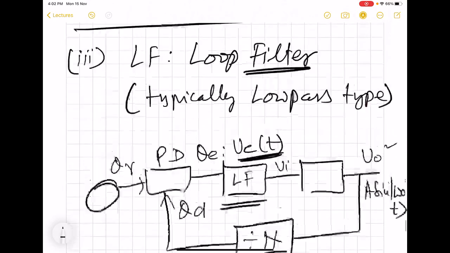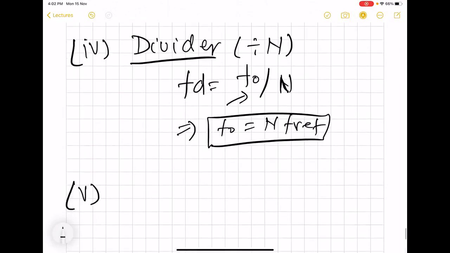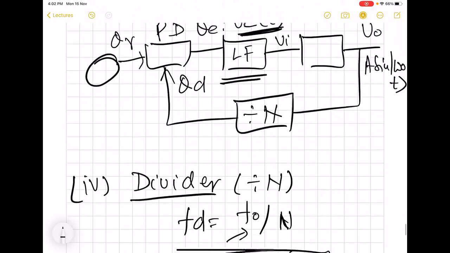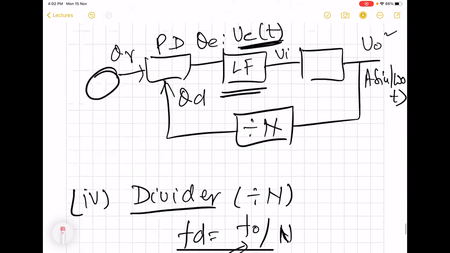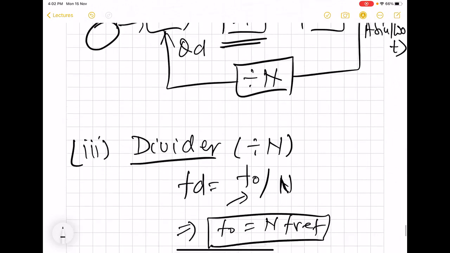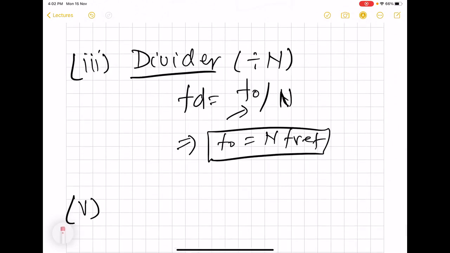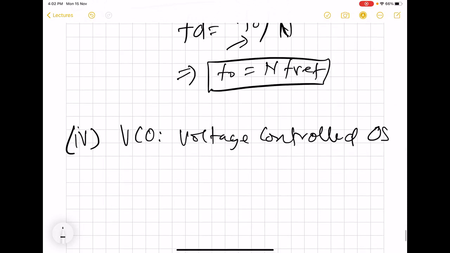Then another important building block is, sorry, this one is the second building block. This is third, and this one is fourth. So this is the voltage controlled oscillator.